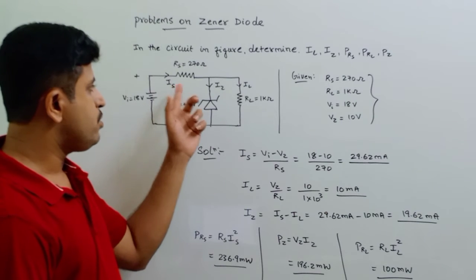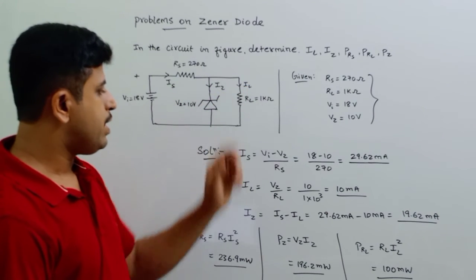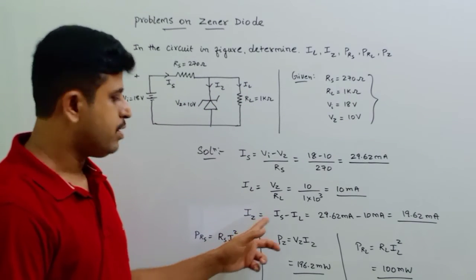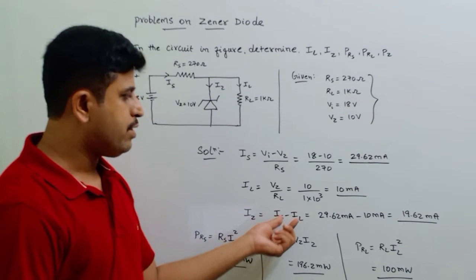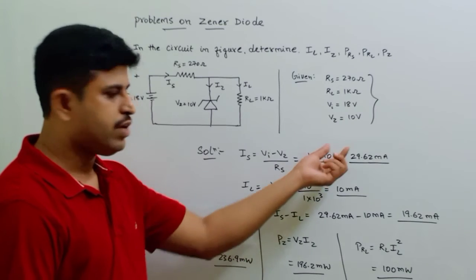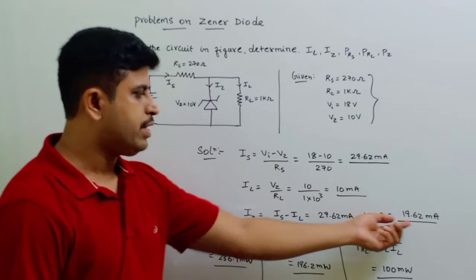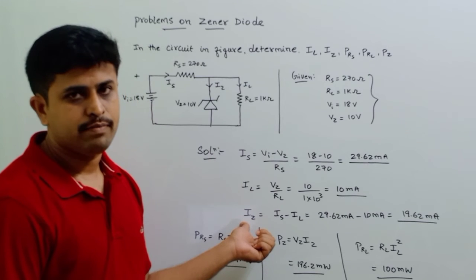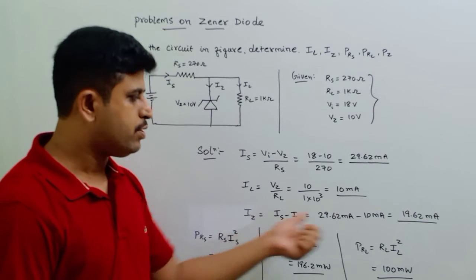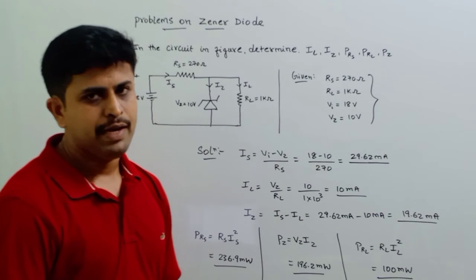So if Is is equal to Iz plus IL, then Iz is nothing but Is minus IL. So again, by putting the values of this Is and IL, which we have already computed, we get the value for the current through the Zener diode, that is 19.62 milliamperes.